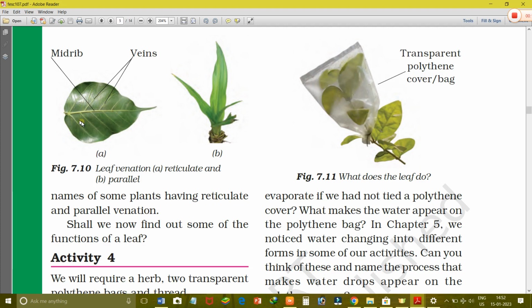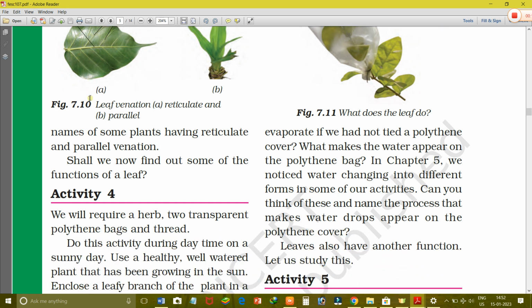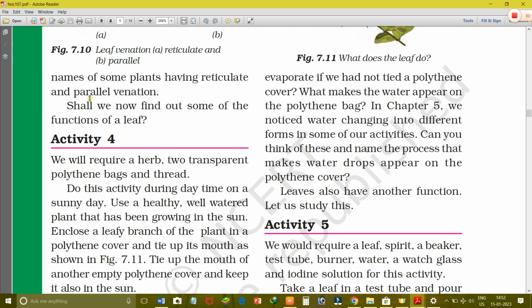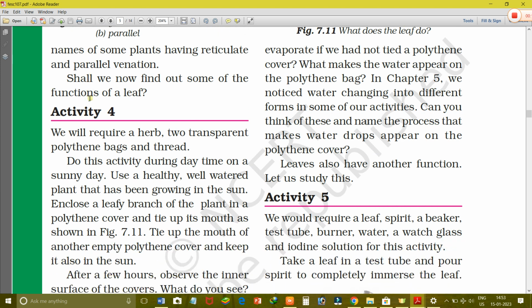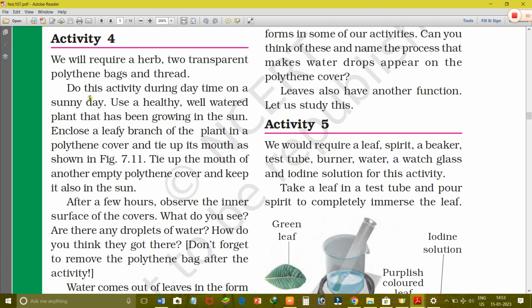In chapter 5, we noticed water change into different forms. Can you think of the name of the process that makes the drops appear? Leaves also have another function. Let us study this. Activity 5.